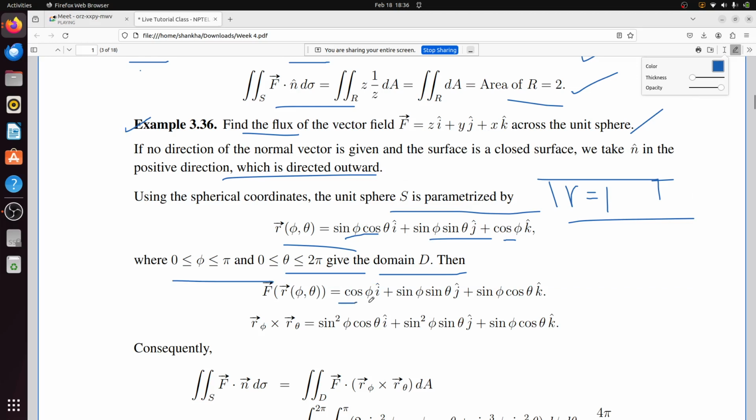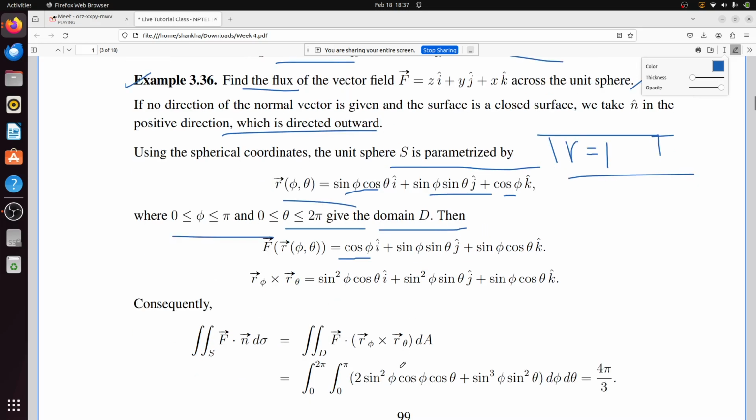Your z is cos phi. Is it understandable why we have taken this? We have just utilized the spherical polar coordinate system, in which a unit sphere means r equal to 1, so it will only consist of two parameters, phi and theta.